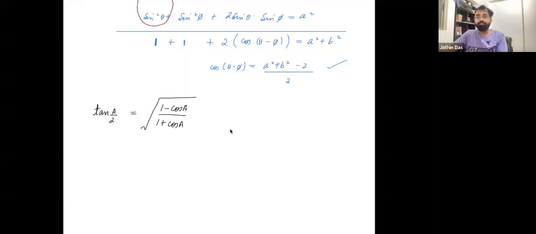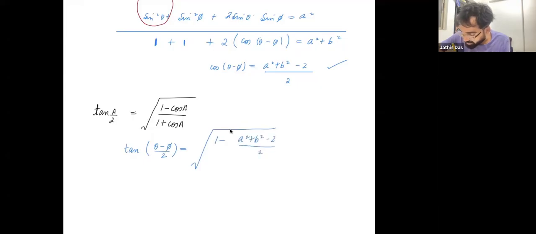So tan of theta minus phi by 2 is equal to 1 minus of a square plus b square minus 2 by 2.